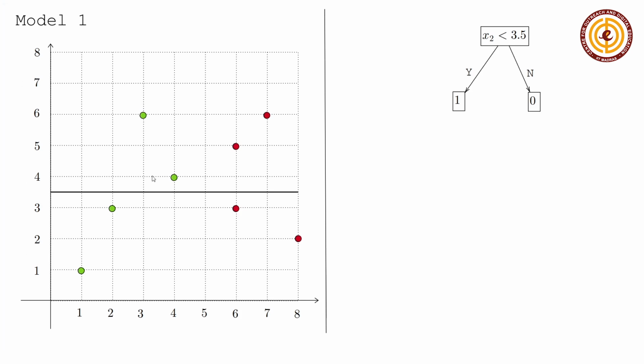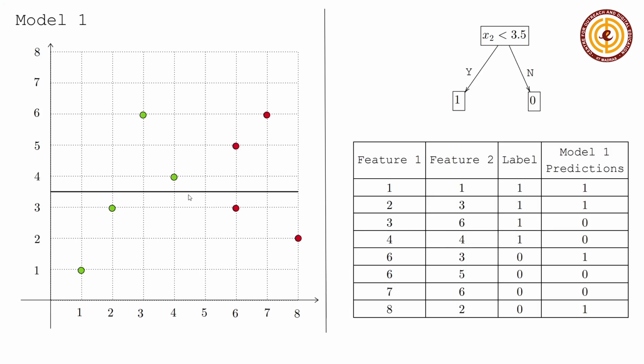So if I look at the line, clearly this doesn't seem to be that great a model. And by this point, most of you might even have thought of what would be good questions to ask so that the points which belong to one particular class are on one side, whereas the points belonging to the other class are on the other side.